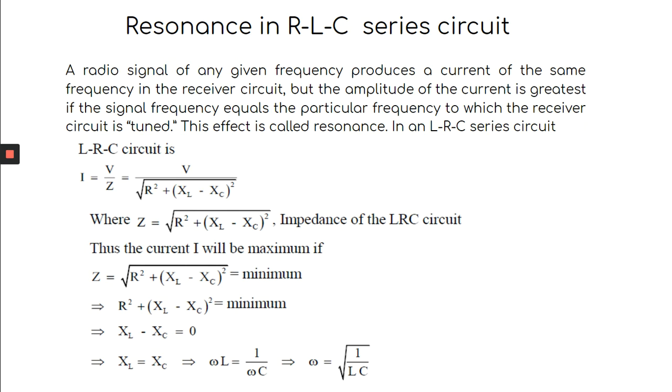If you remember, it is 1 by root LC. That means when there is no damping and no resistance, the circuit should oscillate with a frequency of 1 by root LC. This is known as the resonant angular frequency, of course, because the frequency is 1 by 2 pi times 1 by root LC.